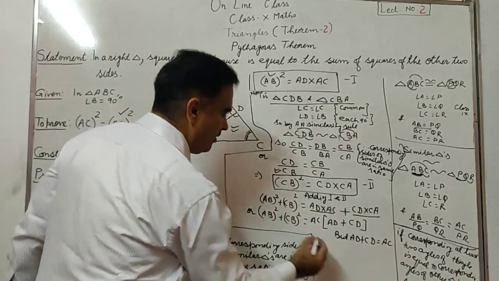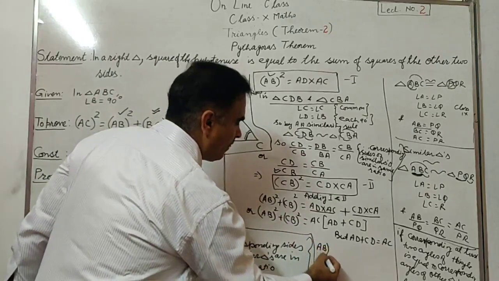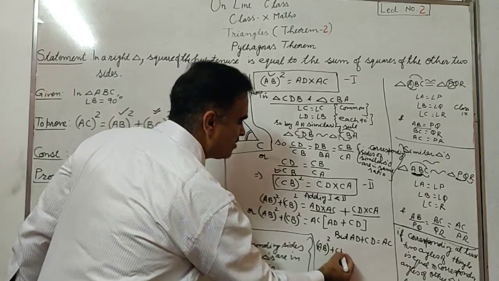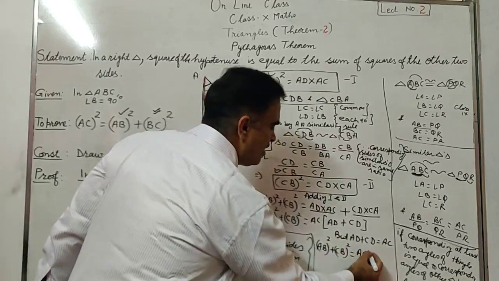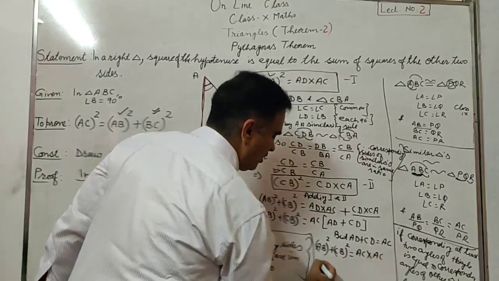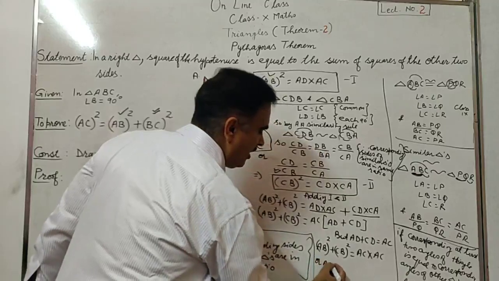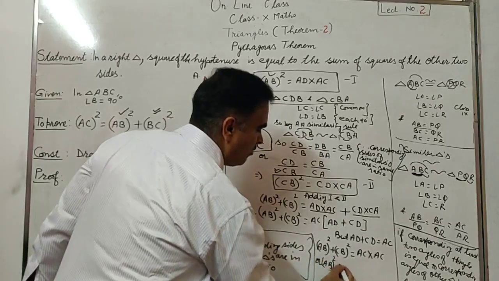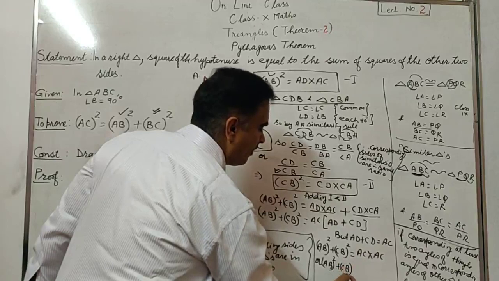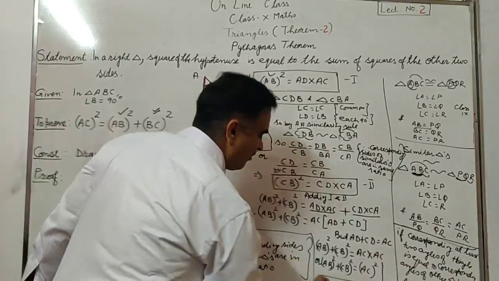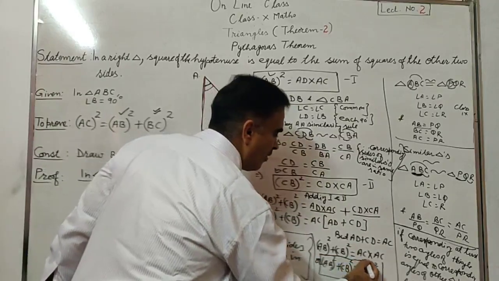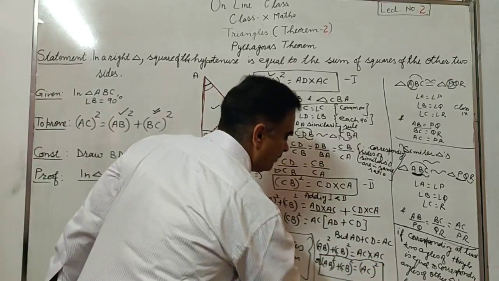So put here AB square plus CB square equal to AC into AC, or we can write AB square plus CB square equal to AC square. Hence proved.